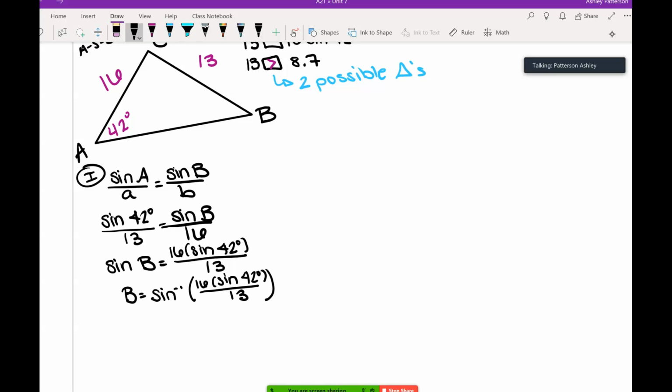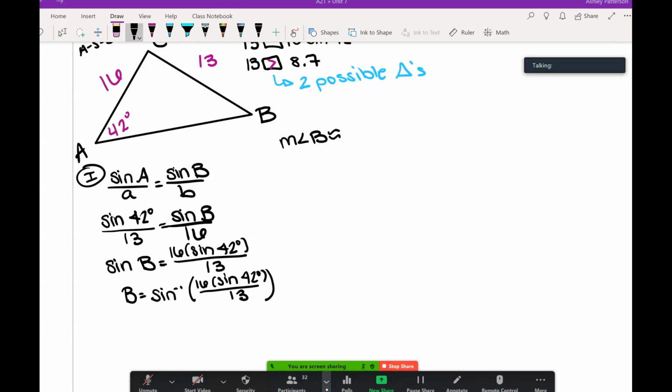If we round to the whole, what is approximately the measure of angle B? 55. Yeah, thanks, Colin. I got that as well. So approximately 55 degrees. And I'm going to go ahead and write that in so I have a visual.